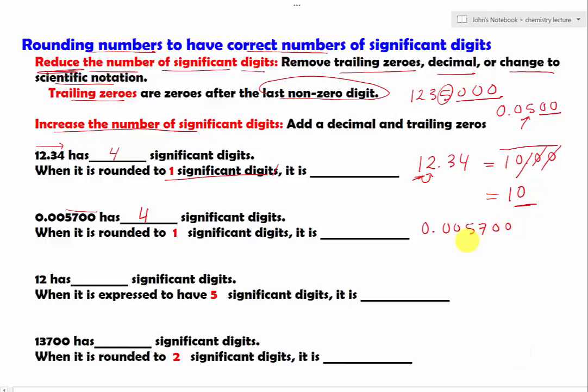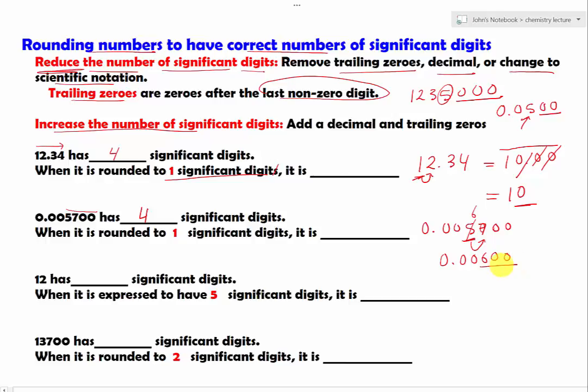Our first significant digit is the number 5. So we are going to round at this number 5 by looking at the next digit, which is 7, and 7 will make the 5 become 6, and everything else will become 0. Okay, so we have 0.00600.